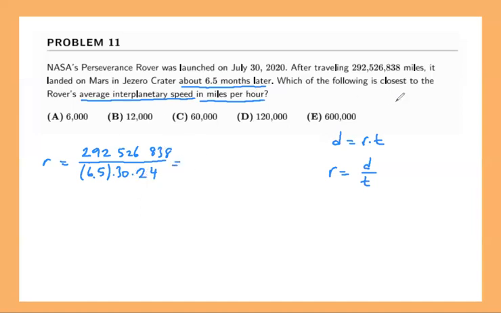But since we are looking for the approximation, we don't really need to deal with these numbers. And also we cannot use a calculator. So this is like 292 million, which is a huge number. But if I want to approximate this number, I will say 300 million is one of the best numbers I can actually use to make it an approximate value.